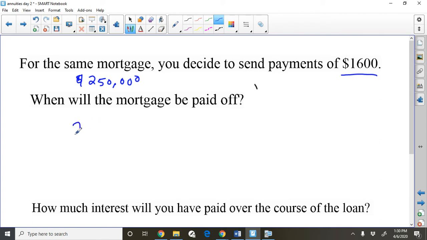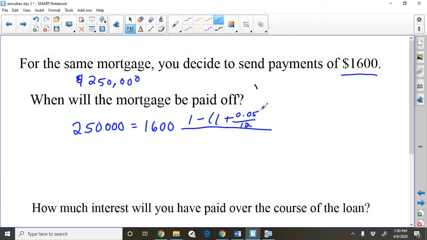The loan amount is $250,000. Our monthly payment is now $1,600. And again, that's outside the fraction. In the fraction, we have 1 minus 1 plus our rate over 12 to the negative 12t. We're going to find the time when this is the monthly payment.